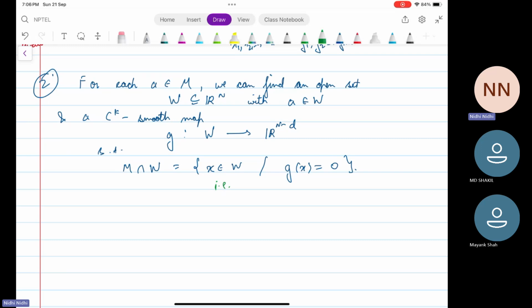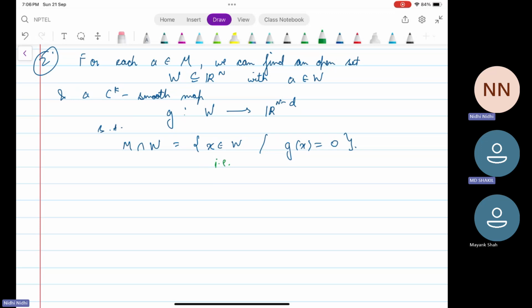A level set is just the set of points that take the function to that level. So the level set at 0 means the points that take the function to 0. That is, M intersection W is the level set of G at 0.